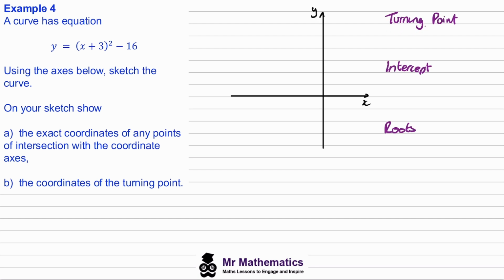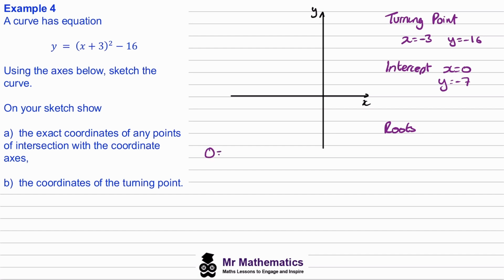So the turning point, this will be when the x plus 3 squared equals 0. So x will equal -3. And when this does equal 0, y will equal -16. The intercept, when x equals 0, we'll have 3 squared minus 16. This will give us -7. And for the roots, we need to solve this equation.